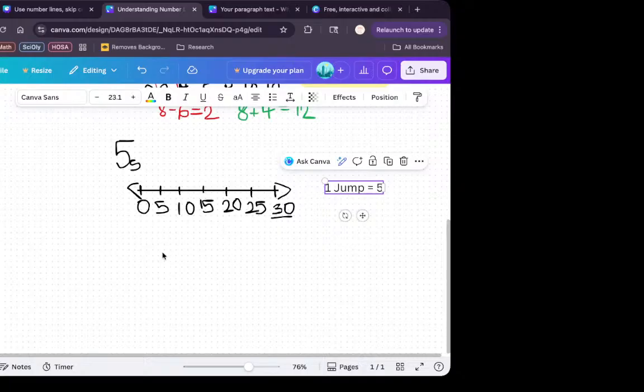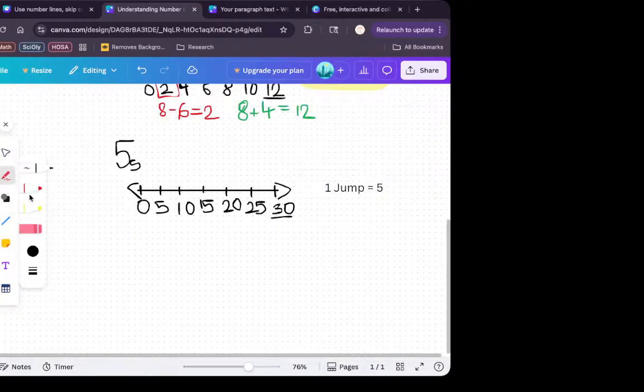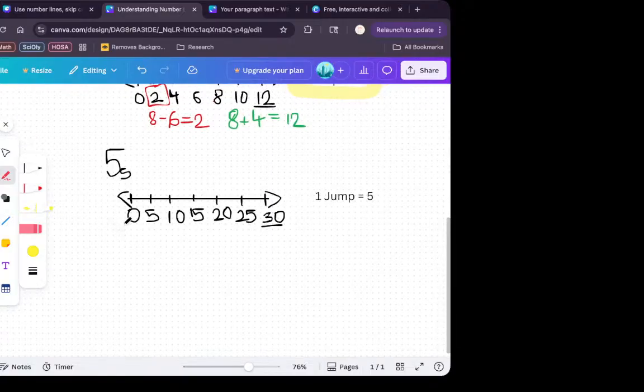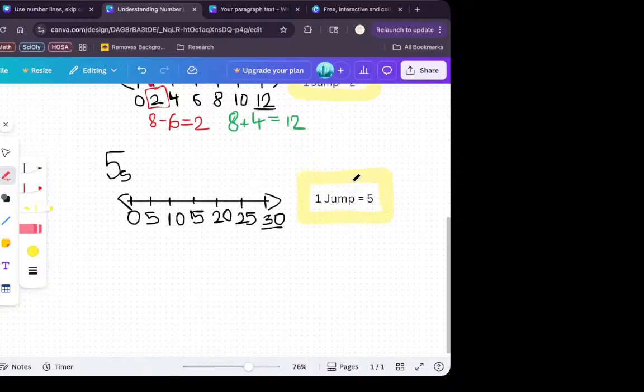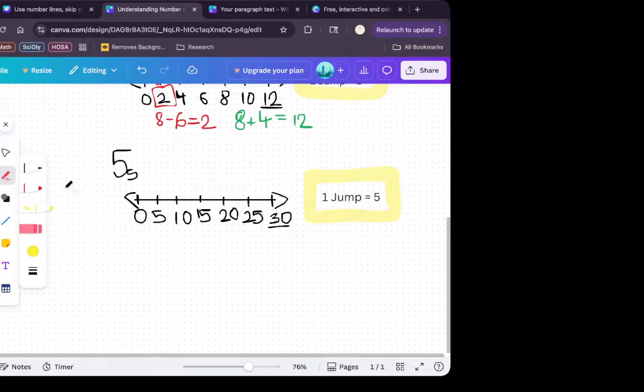Okay? So if you ever have a tricky time understanding how many times you're adding the same number, count how many times you are adding for 1 jump. Right there. Okay? So let's practice using this.